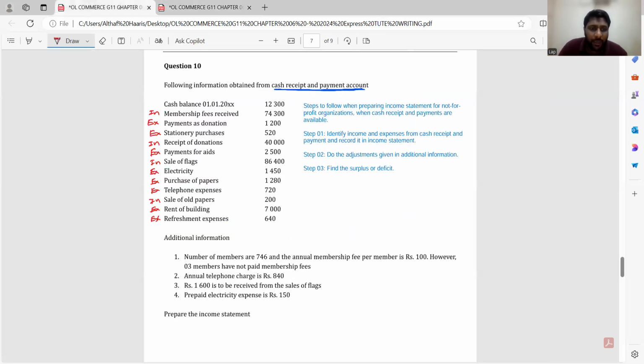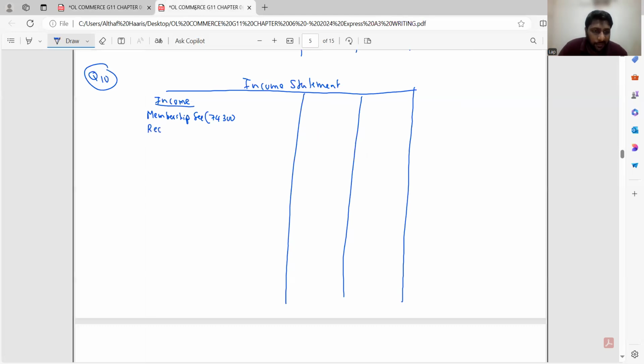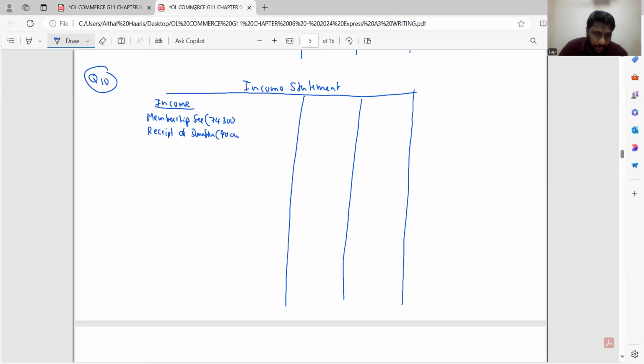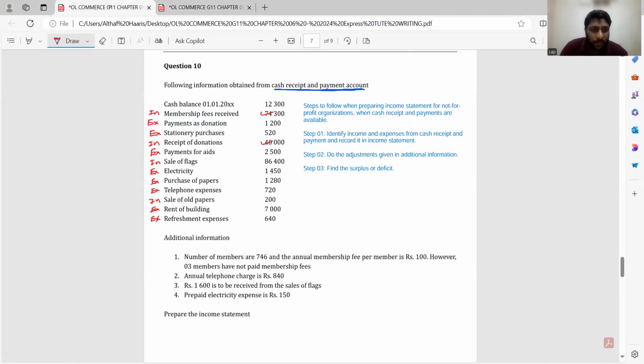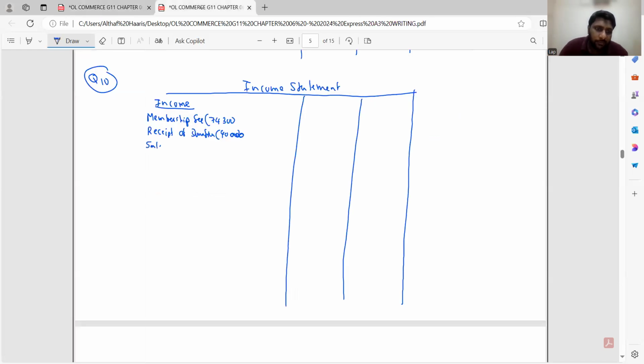Next one, receipt of donation, 40,000. Sales of flags, 86,400.